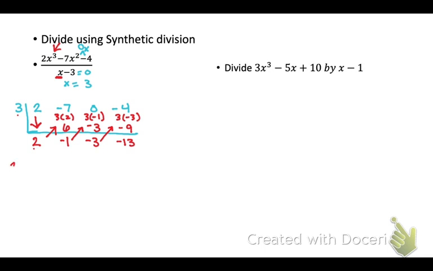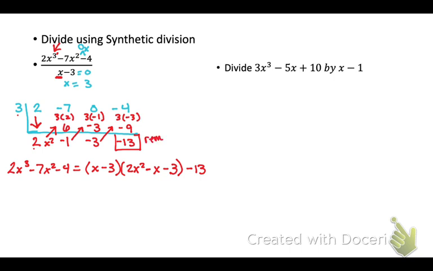So 2x cubed minus 7x squared minus 4 equals the divisor, x minus 3, times 2x squared minus x minus 3. Wait a second, we have an extra number. It's the remainder, so minus 13. This last box is always the remainder.